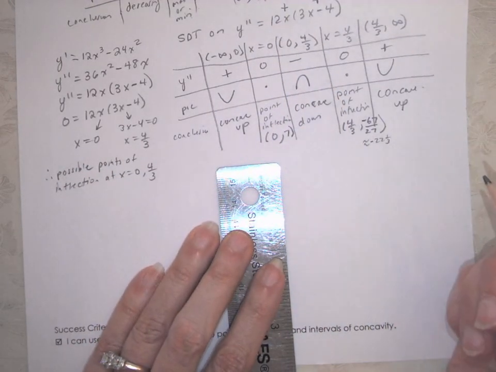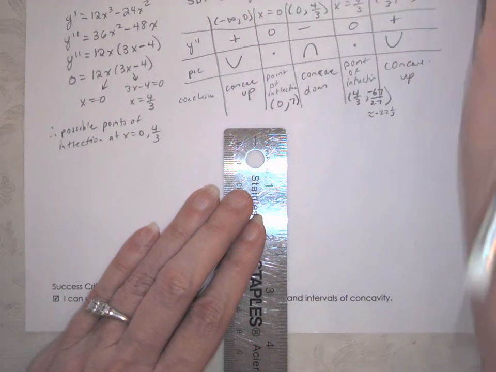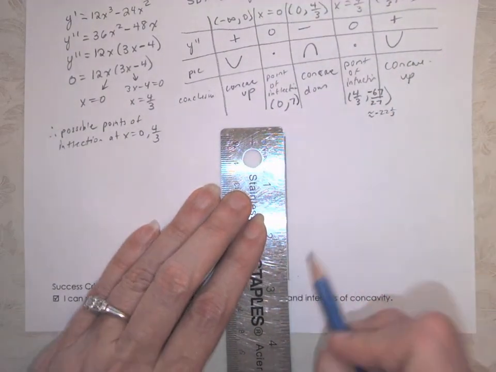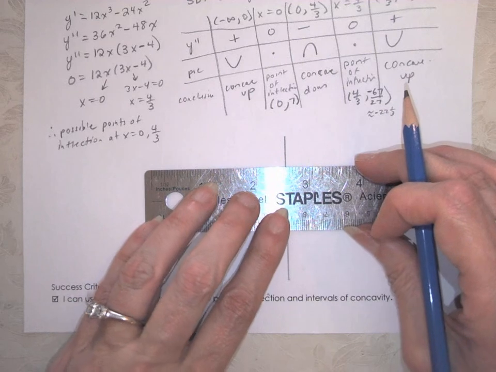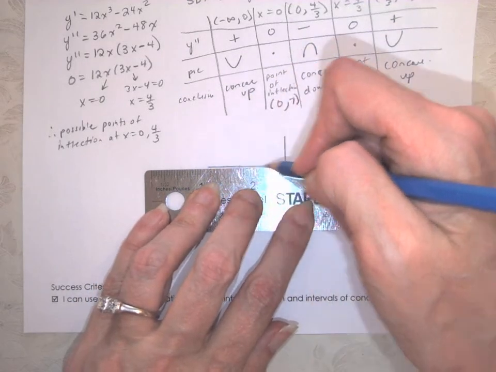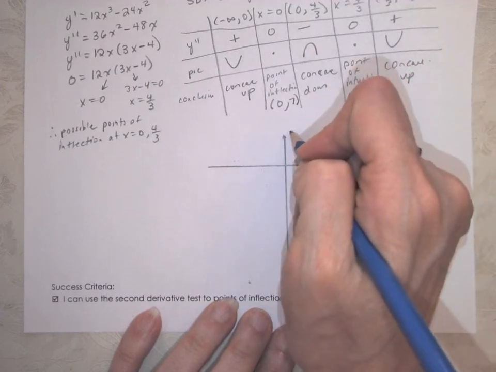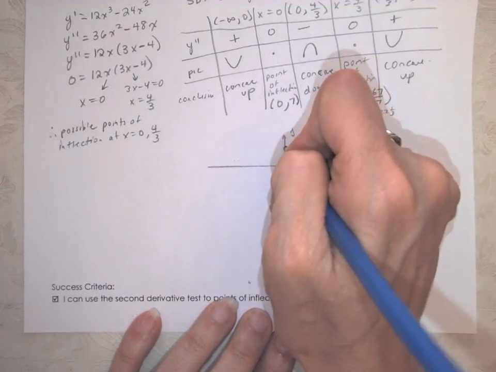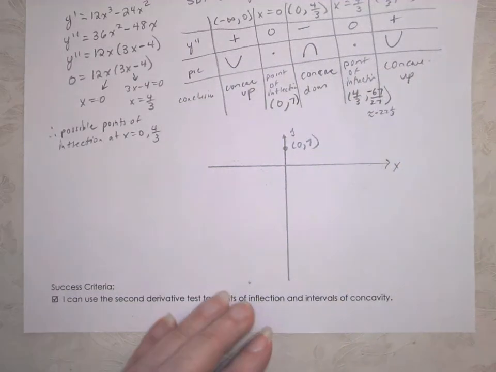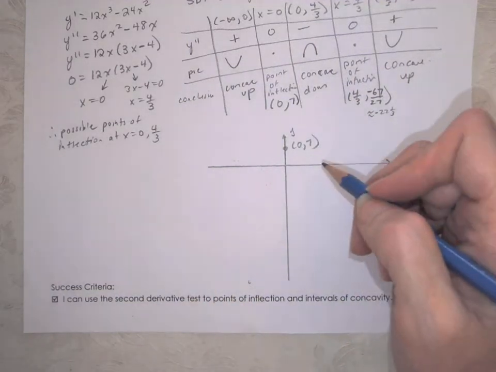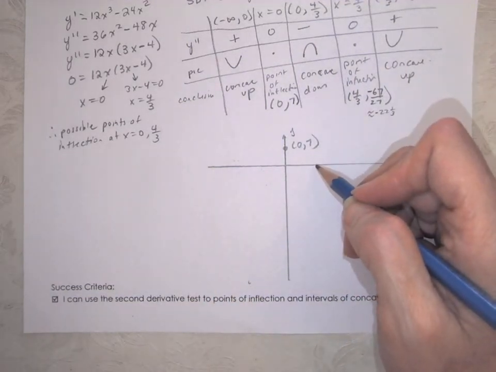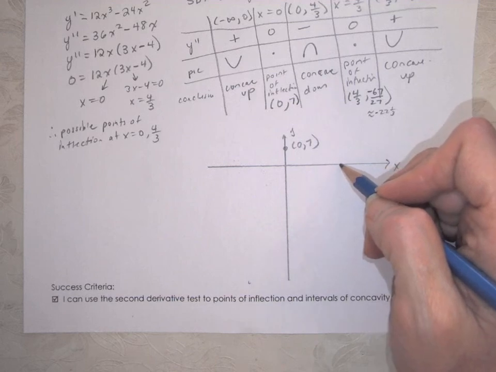But we need more room below the x-axis. So we've got the point 0, 7 I'll put here. We've got the point 2, negative 9, which I'll put here.